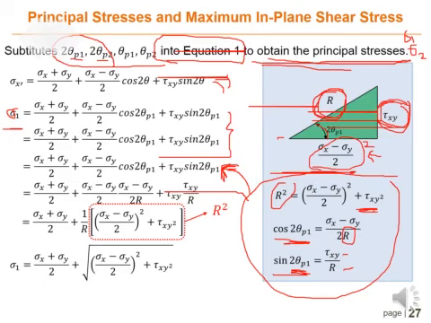You will get the equation like this, and then you simplify it again, and you will get sigma 1 equals sigma x plus sigma y over 2 plus the square root of sigma x minus sigma y over 2 squared plus tau xy squared. Okay, so next let's determine sigma 2. Let's proceed to the next slide.